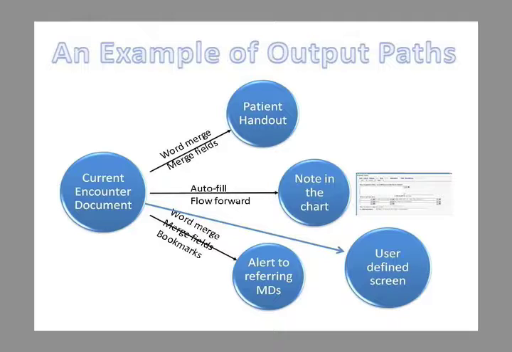Merge fields can take in bookmarks from PracticeOne, or they can take in template field names that are not themselves bookmarks. For the notes in the chart, remember we want August, September, October notes to kind of flow together. We use the autofill function most of the time. And for information that goes out to alerting physicians, again, we're back to word merge and using bookmarks.